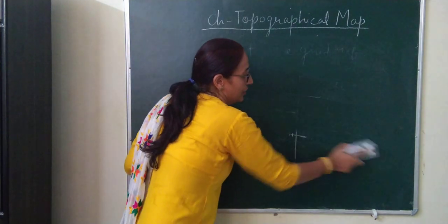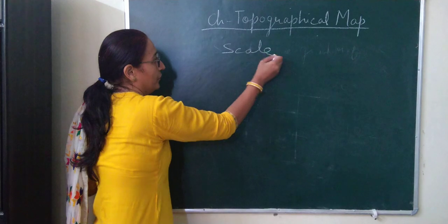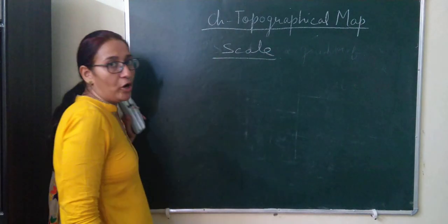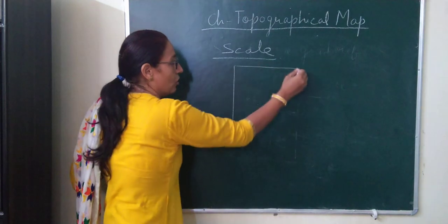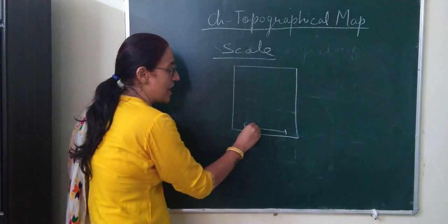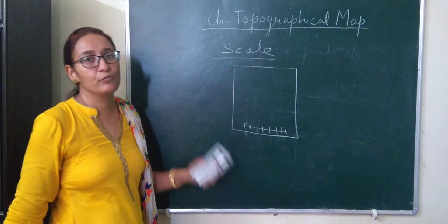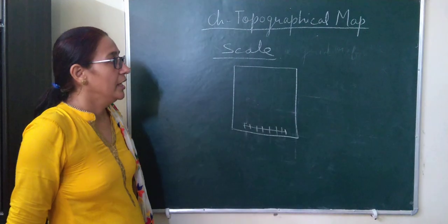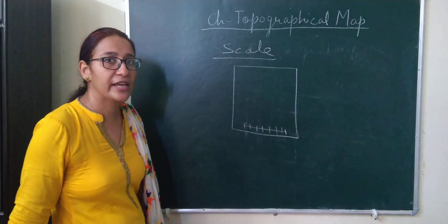Now second, we'll learn about scale. Scale is an important element of a map, and scale is always indicated at the bottom of the map. So with the help of scale, we find out the distance between two places. In the previous video, I explained that there are three types of scale.